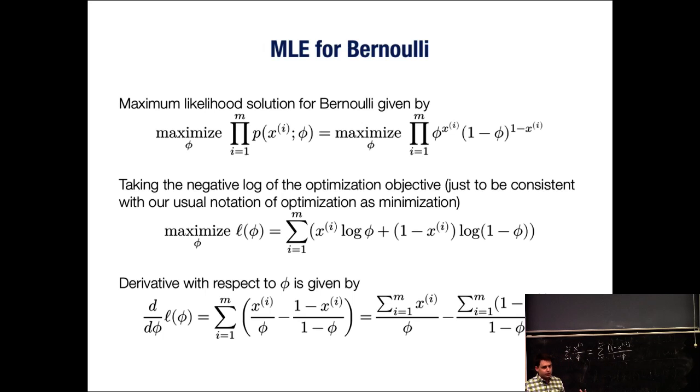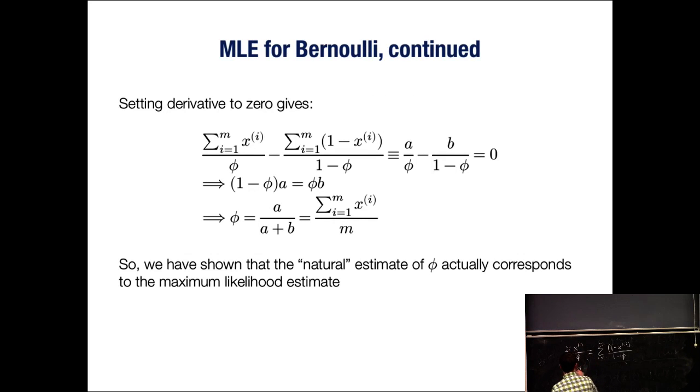Okay? So I'm actually just going to call this, for the time being, let's call this term here, this whole sum here, a. So this is saying that a over phi equals b over 1 minus phi.